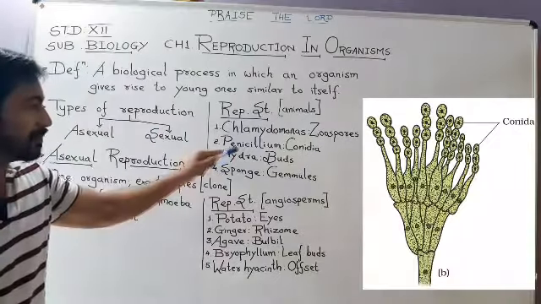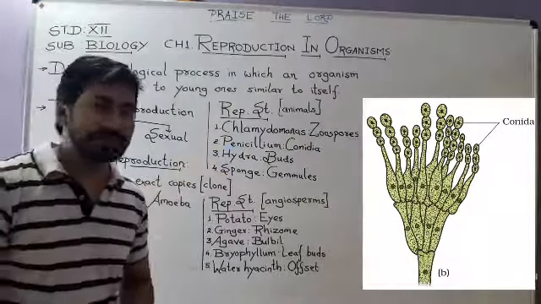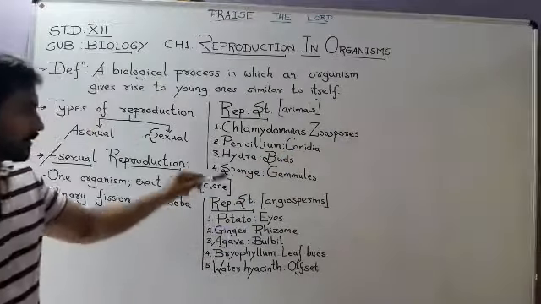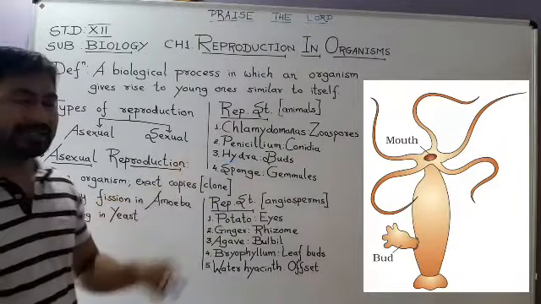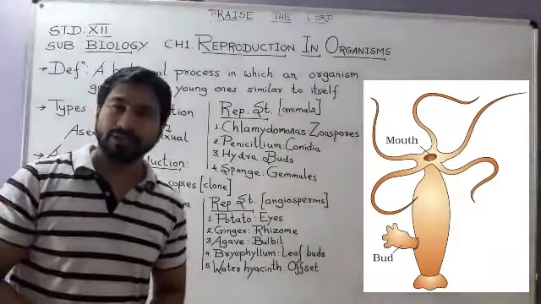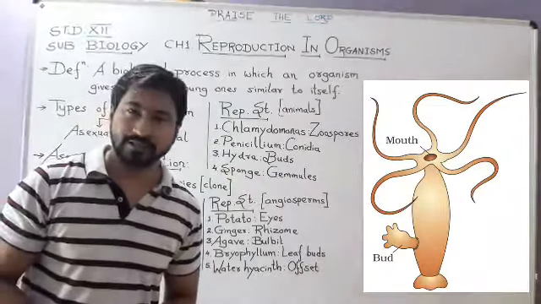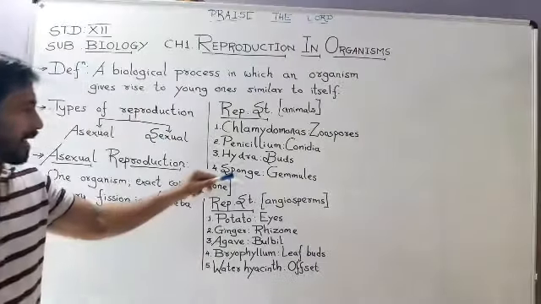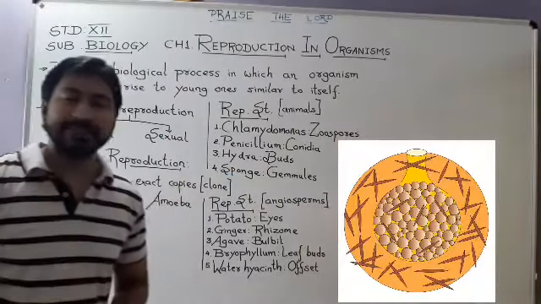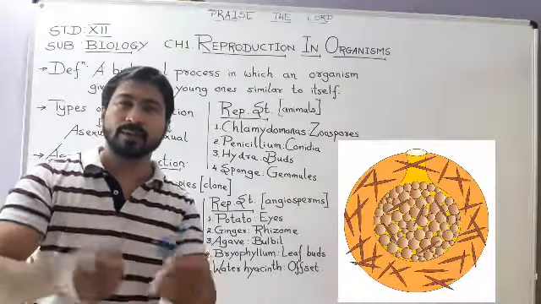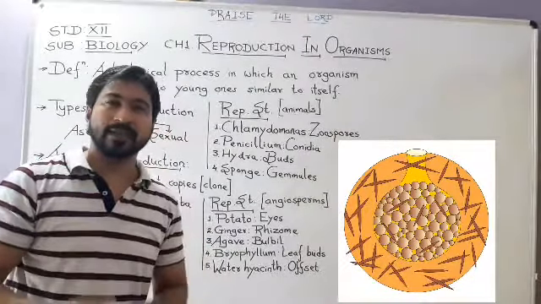Likewise, Penicillium possesses conidia. The third one, Hydra, an aquatic organism, possesses small buds. And the sponge possesses gemmules, small microscopic bodies.